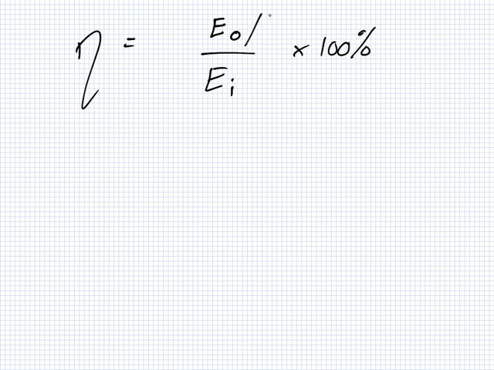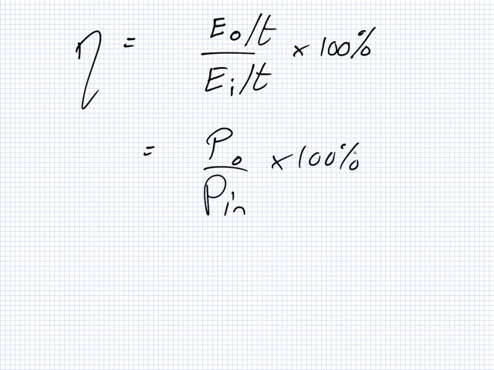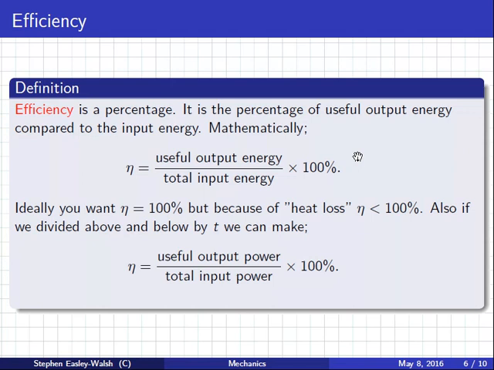If we divide by time, then what do we actually get now? A power. It doesn't really matter which we use. So it doesn't matter if you use energy or power for calculating, it's the same answer. So I think that's worth noting. You can do this using power as well.